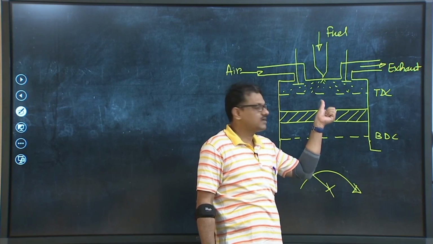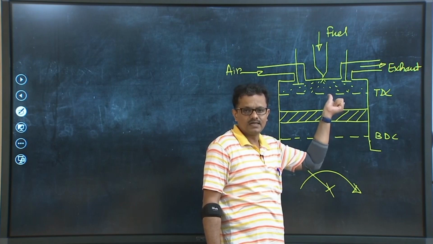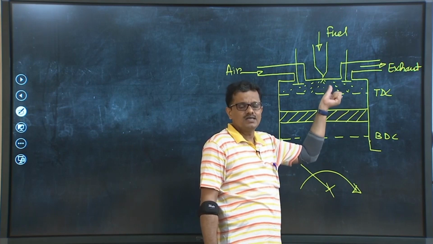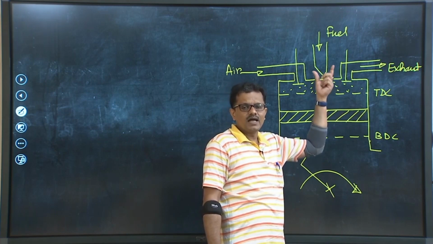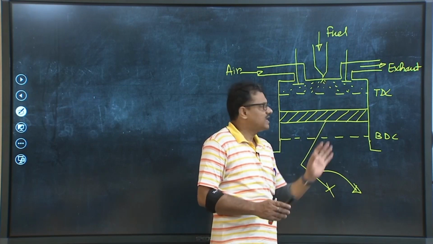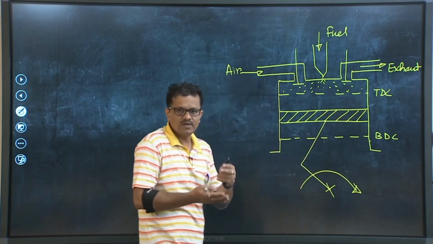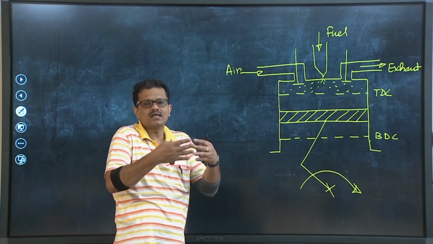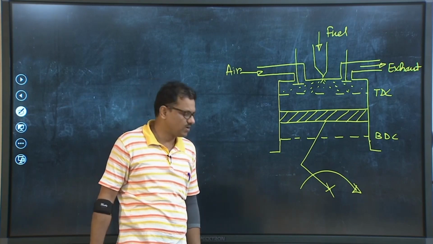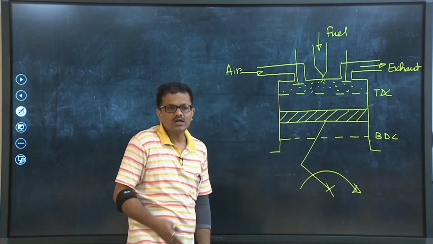It is not possible to keep the piston at TDC for a while until combustion is completed, but the assumption of constant volume combustion is that when the piston is close to TDC and the spark plug is switched on, the entire charge is combusted, as if the piston is remaining at TDC during that time. So momentarily, when the piston is at TDC, entire combustion is completed, and the volume remains constant. So it is a constant volume combustion.